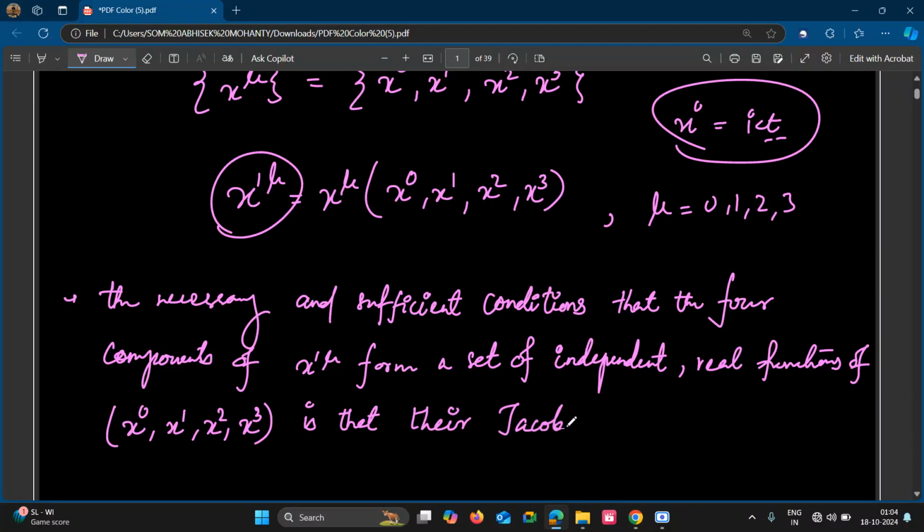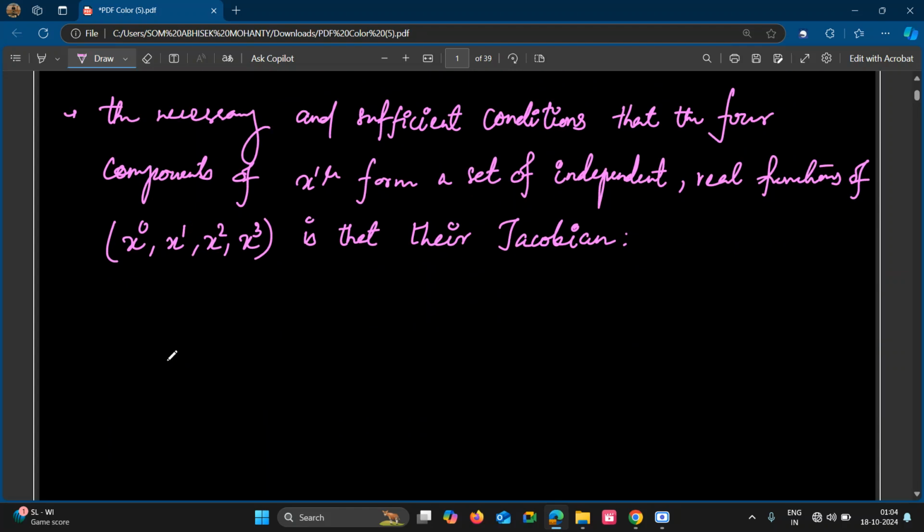You must have studied the Jacobian matrix and determinant. So the Jacobian of transformation of x to x dash.